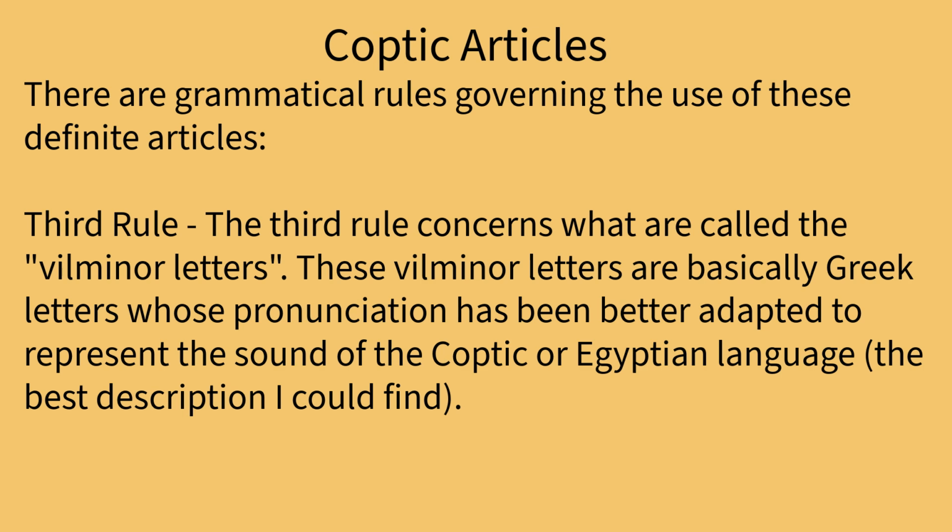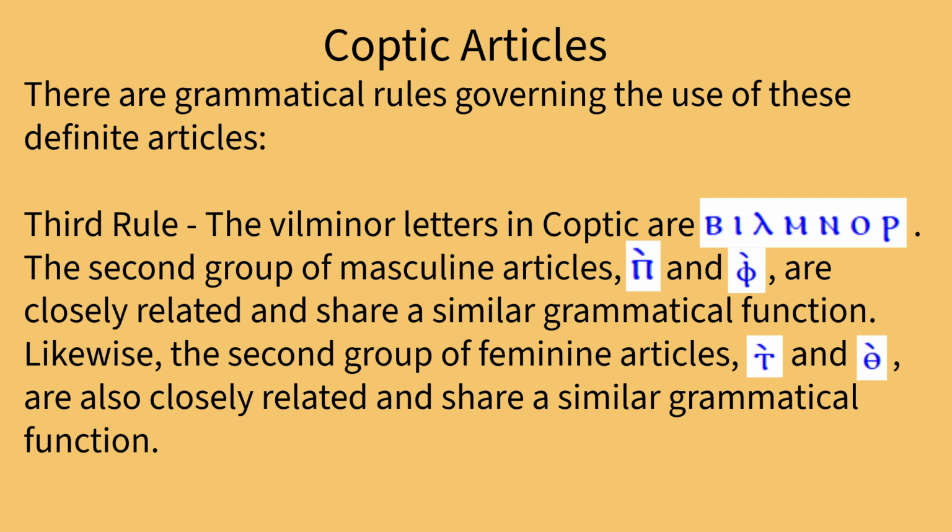This is the best description I could find, and the rules for these vil minor letters will be described on the next page. So, which letters in Coptic constitute the vil minor letters? I'll repeat those.